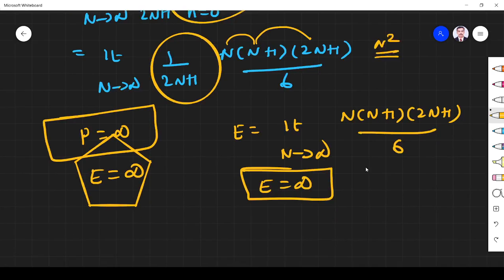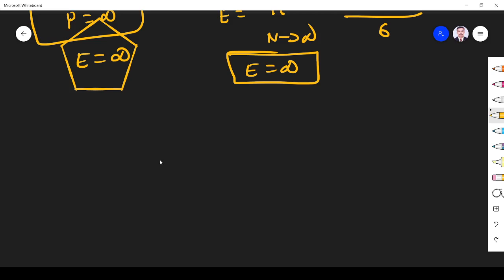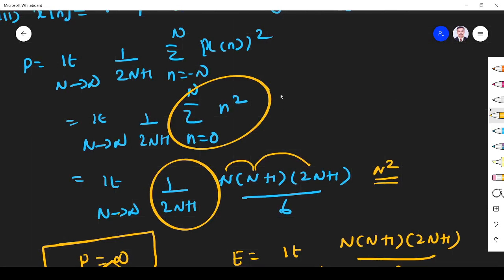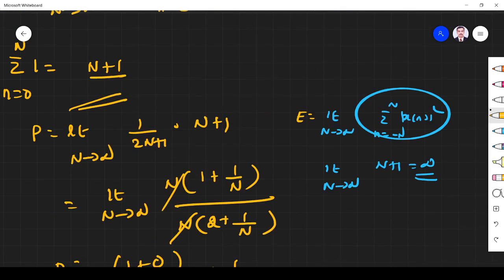This implies ramp is neither energy nor power signal. Already we proved this in continuous time also. The same is applied here too. Neither energy nor power signal, right?